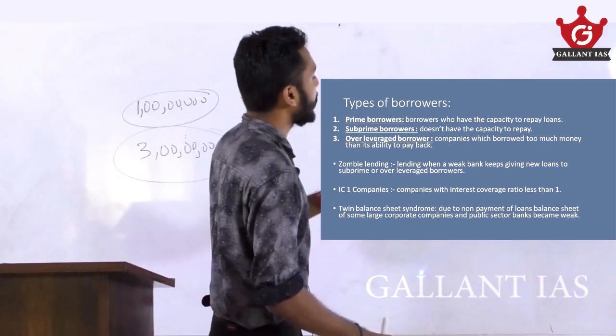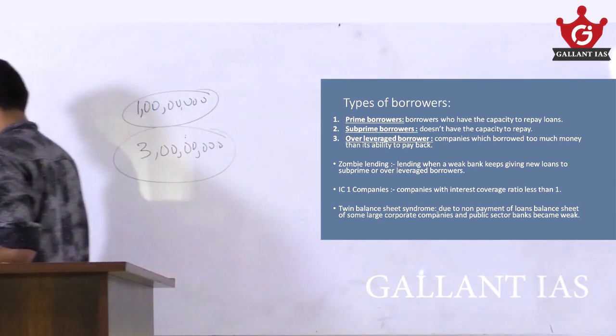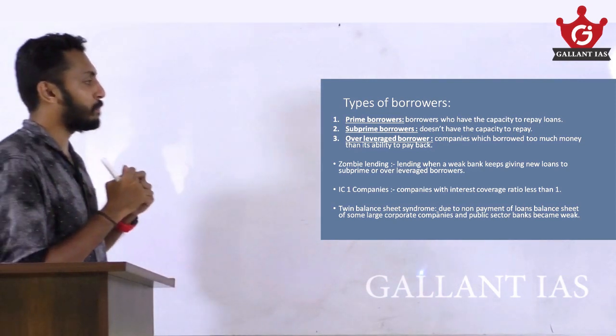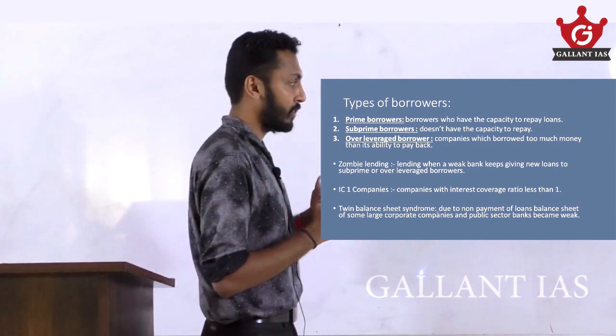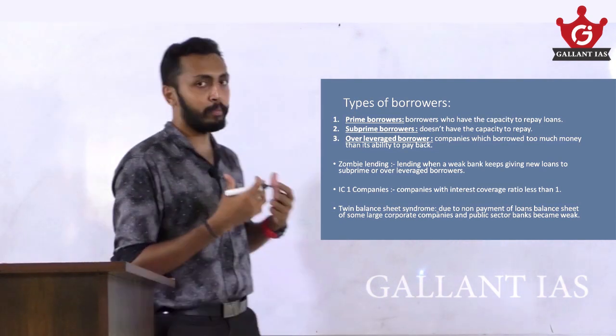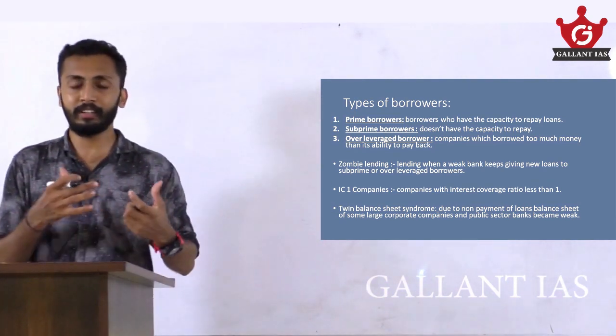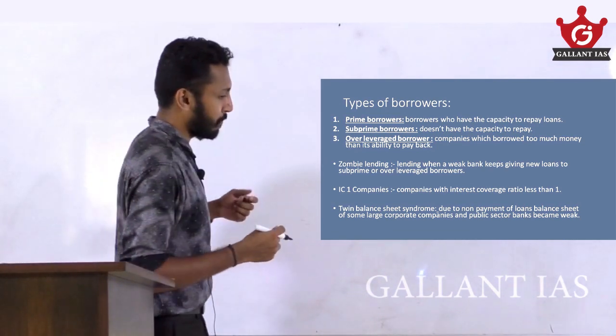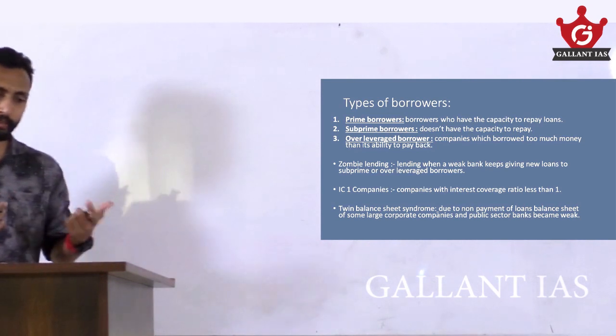Then zombie lending. What is zombie lending? Lending when a weak bank keeps giving new loans to subprime or over leveraged borrowers. Zombie lending is a process that leads into a global financial crisis.